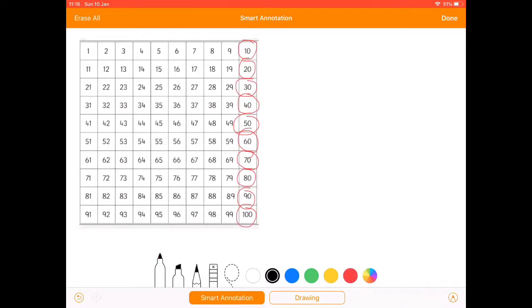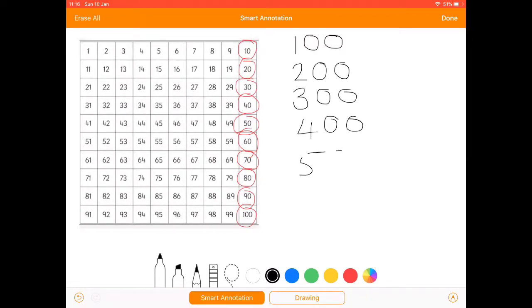So multiples of 100 have a very, very similar pattern. The first multiple of 100 is 100. The second one is 200. The third one is 300, 400, 500 and so on. So we're just going up in hundreds each time.